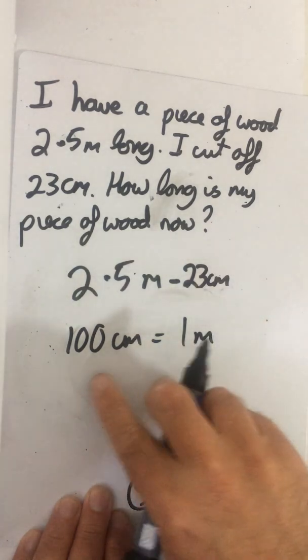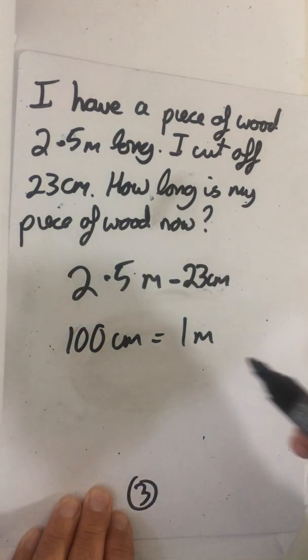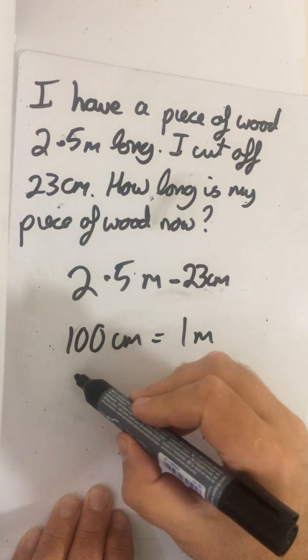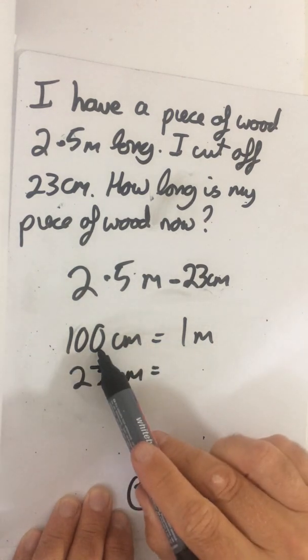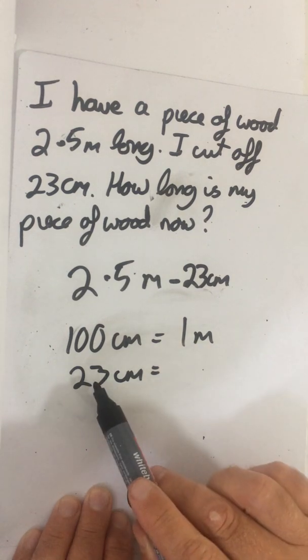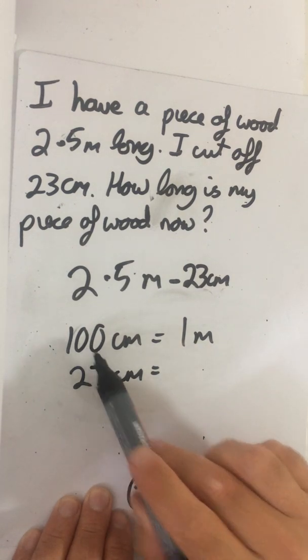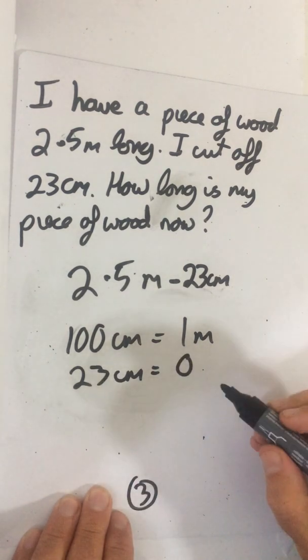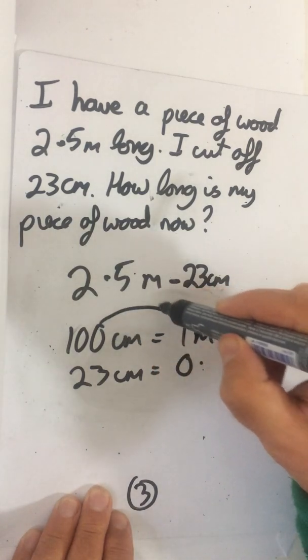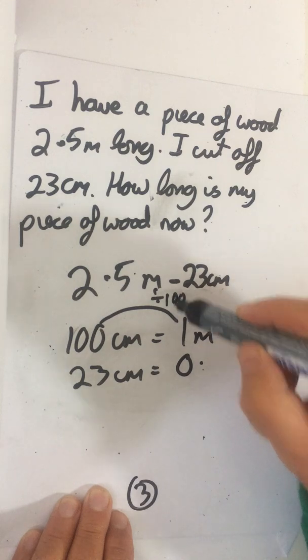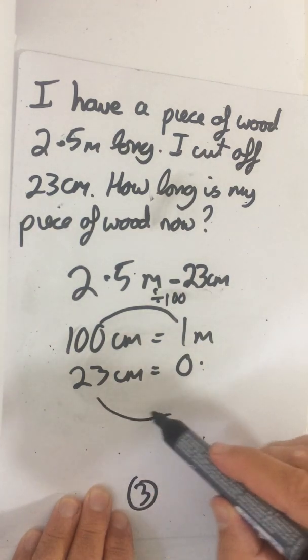I'll put these notes out for you when you come to do them yourself. Okay, so I want to find 23 centimeters. Now I can see 100 centimeters is 1, 23 is less than 100, so it's going to be 0 point something. To get from 100 to 1, I divide by 100. So I'm going to divide this by 100.